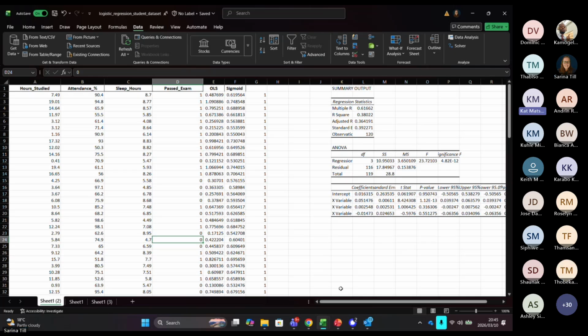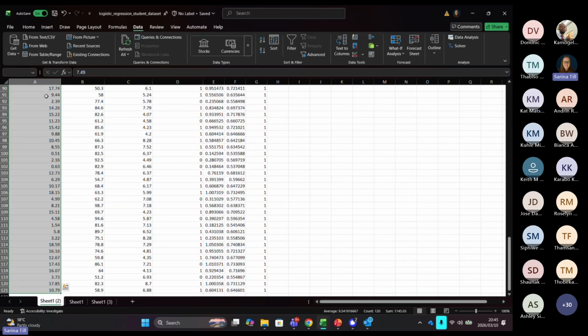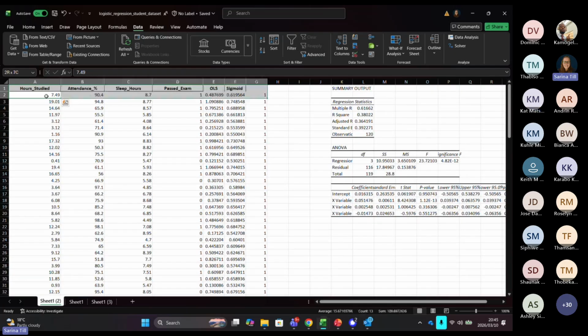For example, if you go to A2, and let's say you want to quickly highlight from A2 all the way to AF, you can press Shift and Control, and then press your arrow to the right. Oh, look at this. Yes.